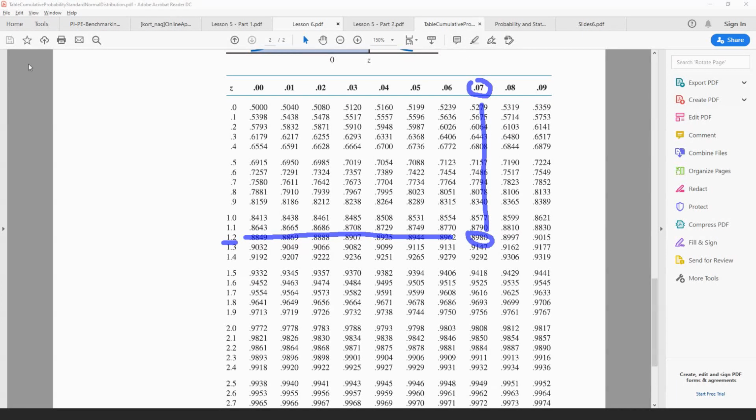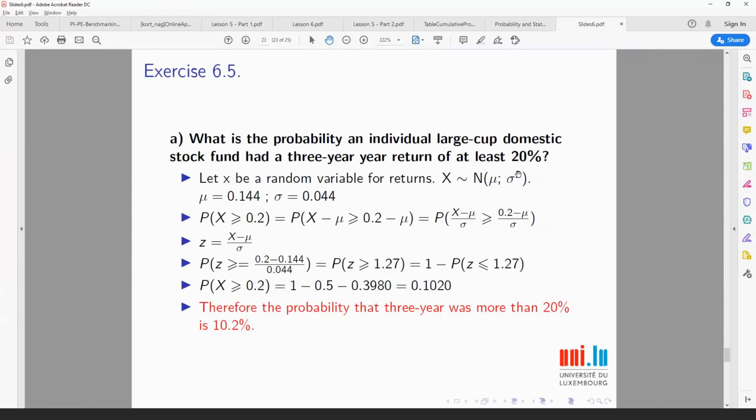You can easily check that the number from the two-tailed table is equal to the result we get using the one-tail table.